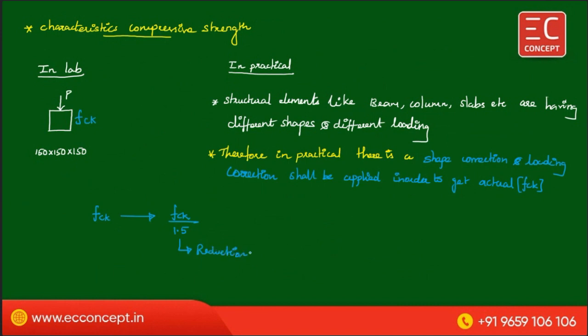This is a reduction factor to consider shape effect and loading effect, and it will give 0.67 FCK. This is not a partial factor of safety, this is the reduction factor.